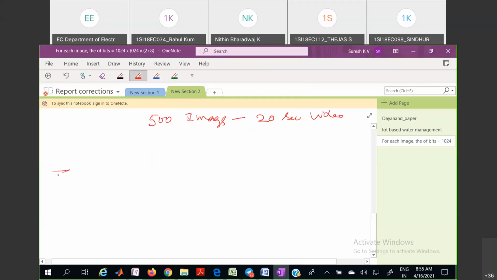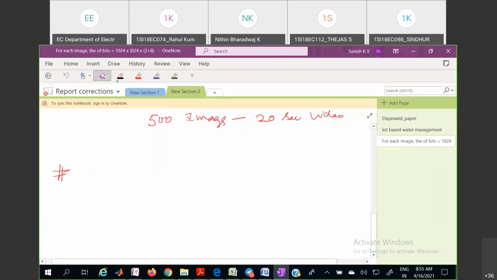I will take the example of Sumuk's cell phone. Sumuk, can you let me see? According to Sumuk, his cell phone is 4032 cross 3024.